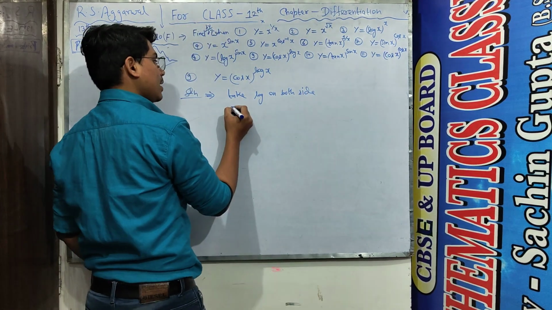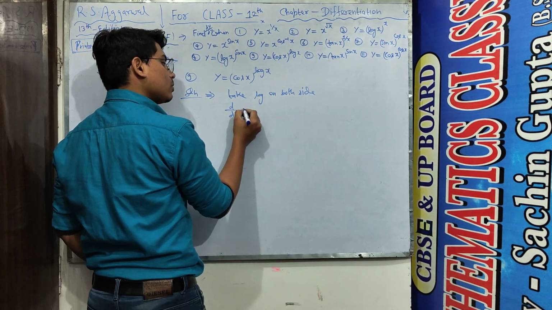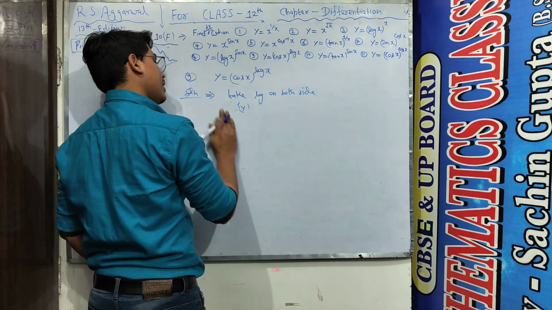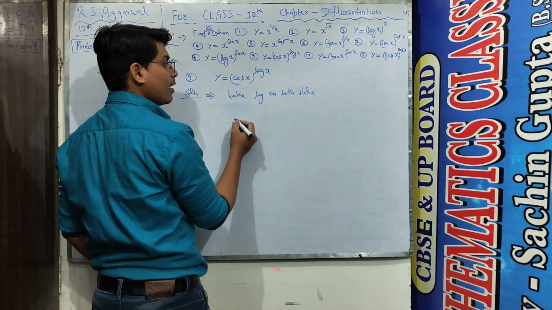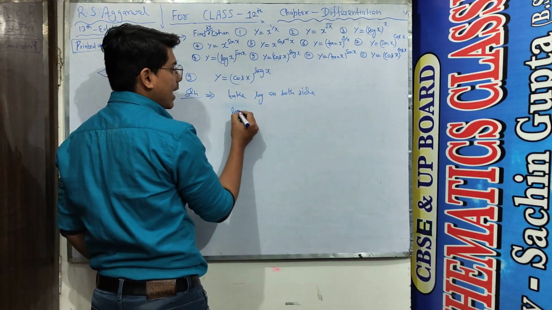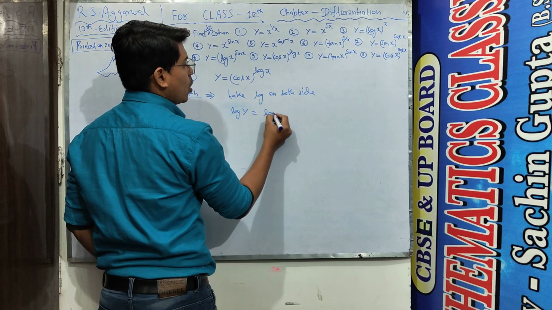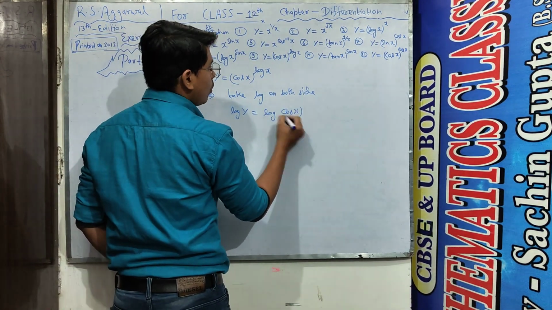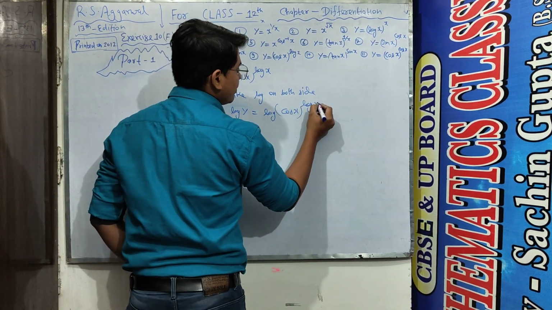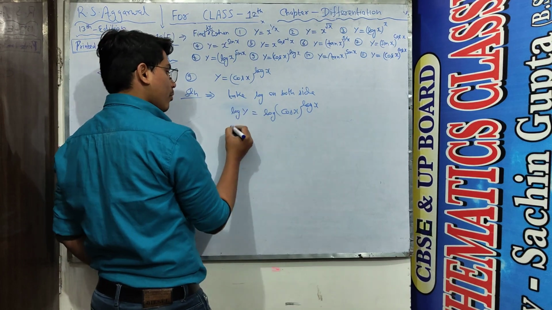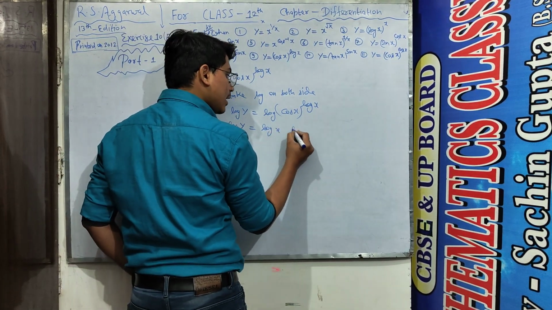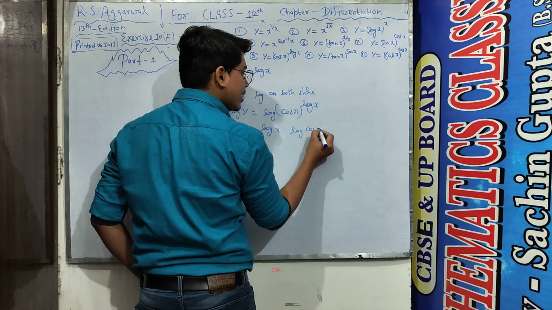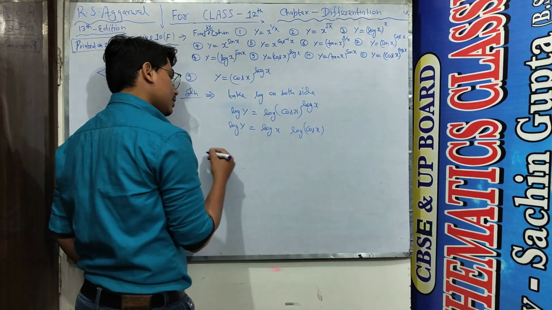So log y equals log of (cos x) whole power log x. This log comes before log cos x, so it becomes log x into log of cos x. This is our first and this is our second function.